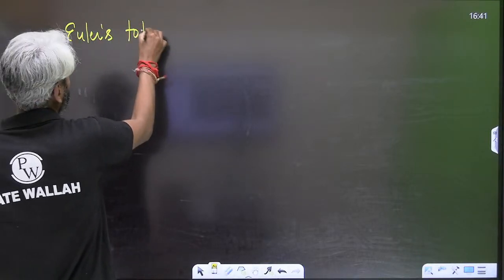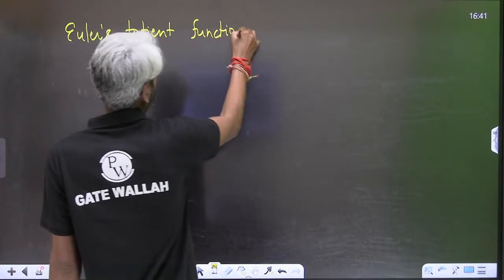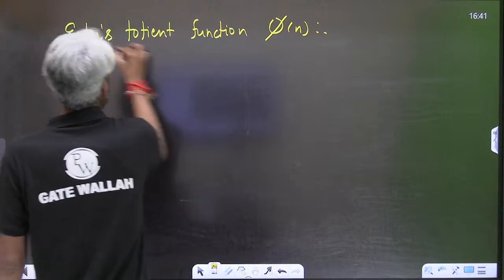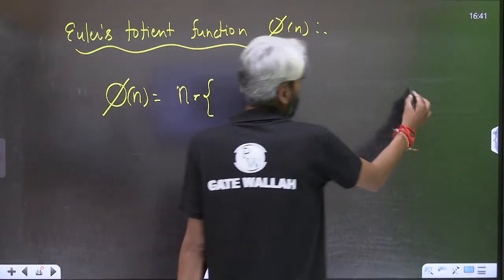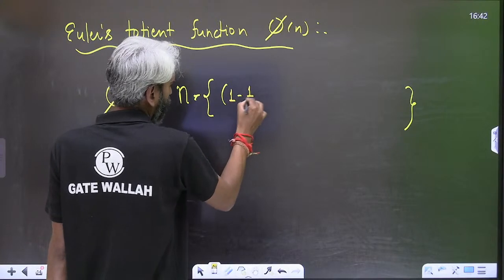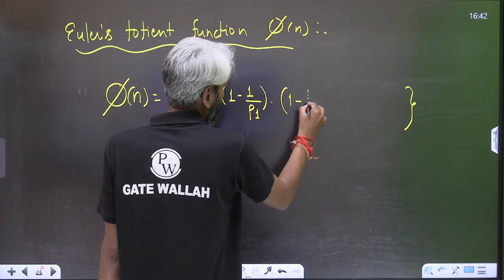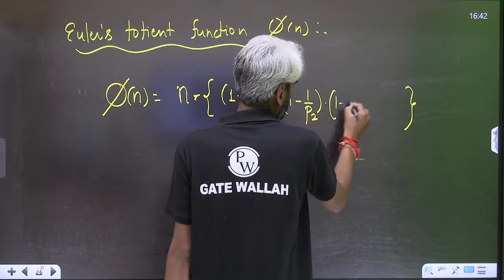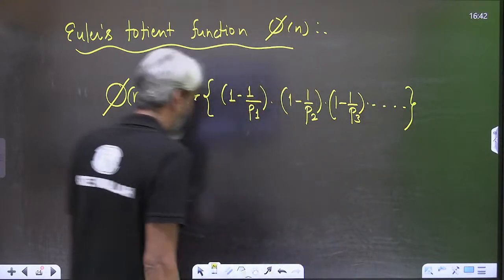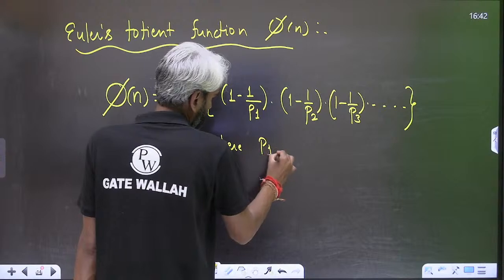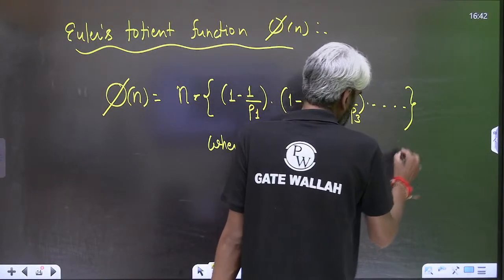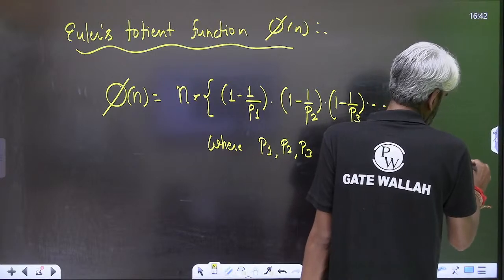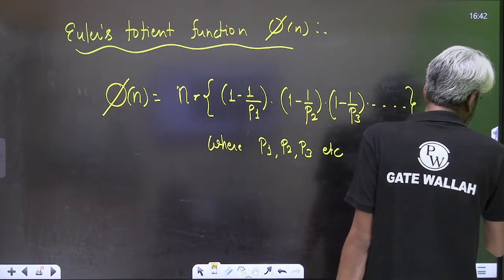How do we calculate phi of n? The value of phi of n is n times (1 minus 1 upon P1) times (1 minus 1 upon P2) times (1 minus 1 upon P3) and so on, where P1, P2, P3, etc. are the prime factors of n.